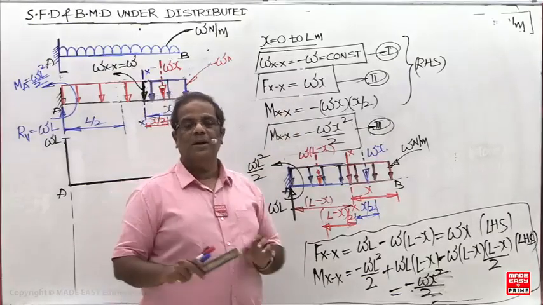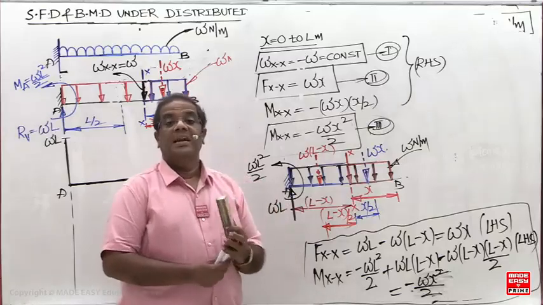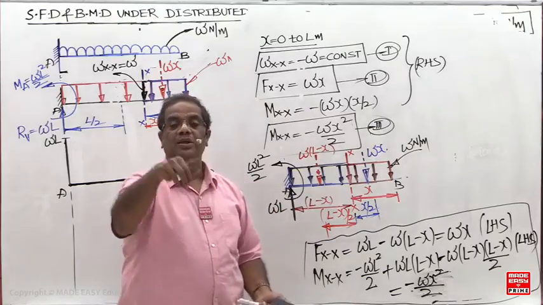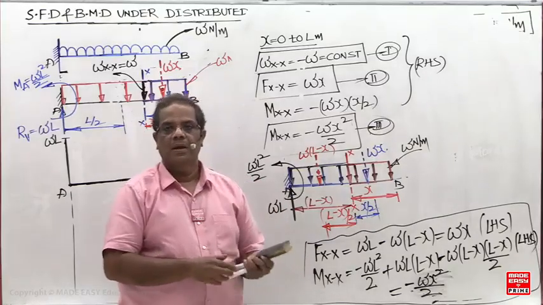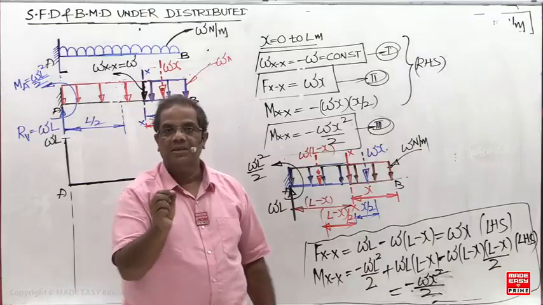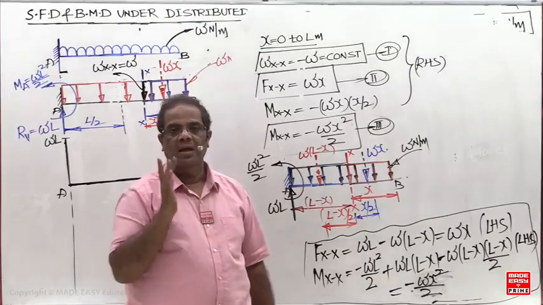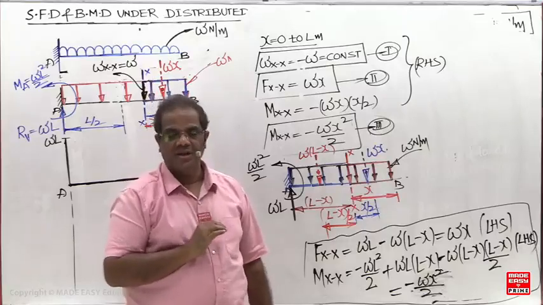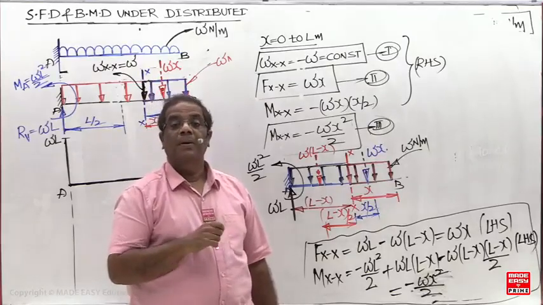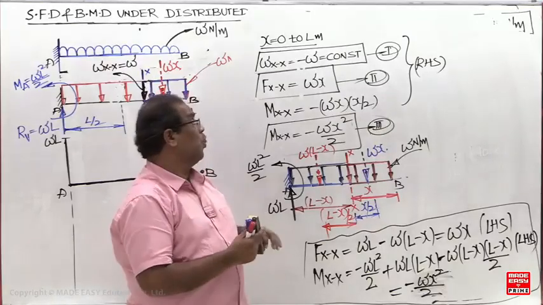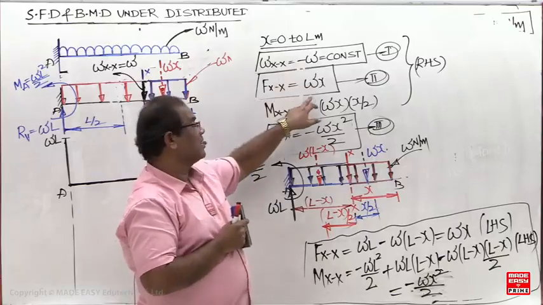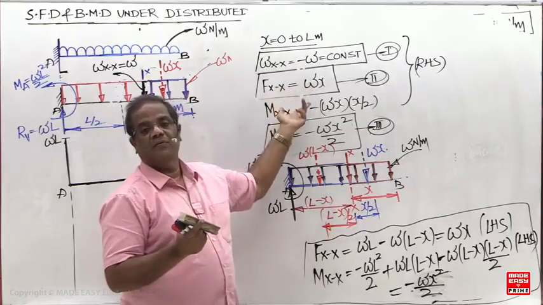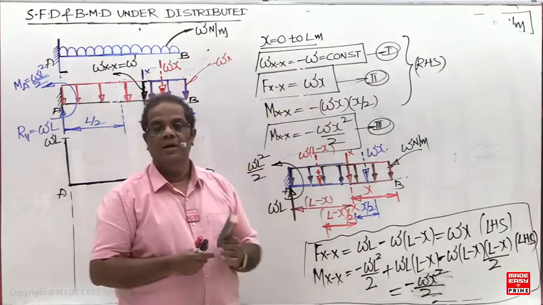So what is the conclusion now? Under distributed vertical load, that is UDL and UVL, shear force variation is one order higher than load intensity variation, and bending moment variation is two orders higher than load intensity, or otherwise one order higher than shear force.